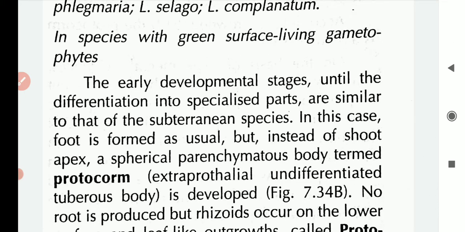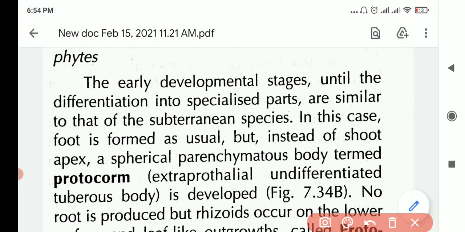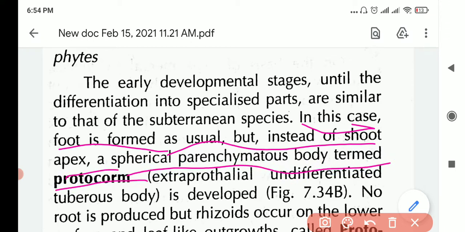Now, if we look at the green one, so we were talking about the subterranean one. If we look at how it develops in the green one, the Cernuum type, the early stages of development are almost the same as the subterranean type, but the foot is formed as usual, and instead of a shoot apex, a spherical parenchymatous body named the protocorm is developed.